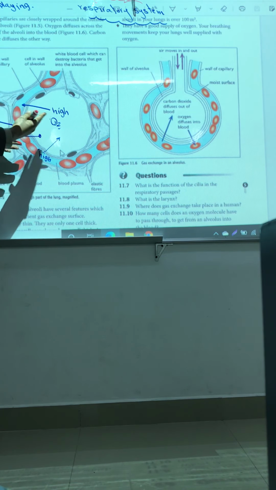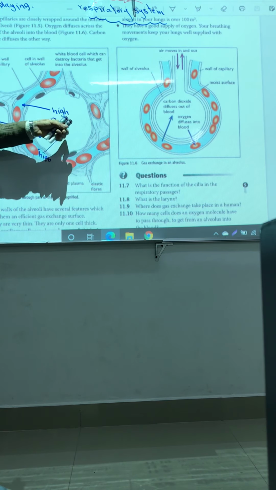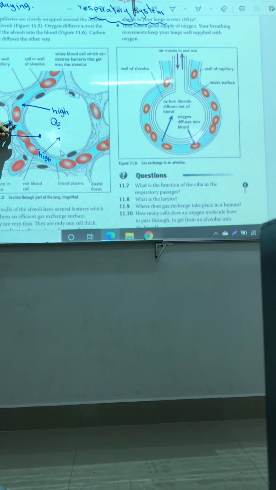You can say it is exchange between alveoli and pulmonary artery, because alveoli have a high concentration of oxygen and the pulmonary artery has a high concentration of carbon dioxide. This process is called diffusion. The second one, respiration, is a reaction occurring in any cell inside the human body for producing energy, ATP. ATP, you can say, is the universal energy inside the human body.